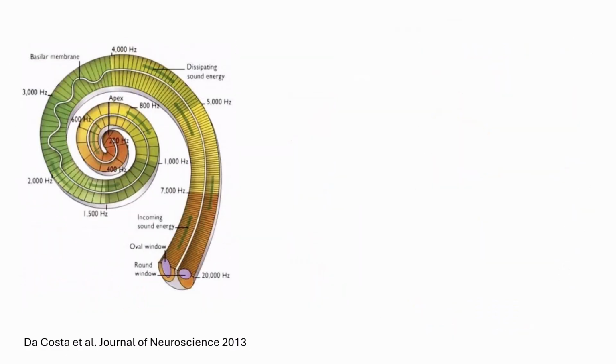So how do we do this? In birds and in mammals and ourselves, our ears perform a Fourier transform. Sound enters the cochlea through the oval window, and high-frequency noises activate hair cells near the oval window. Lower frequency sounds travel through the entire cochlea and activate hair cells at the apex of the basilar membrane.